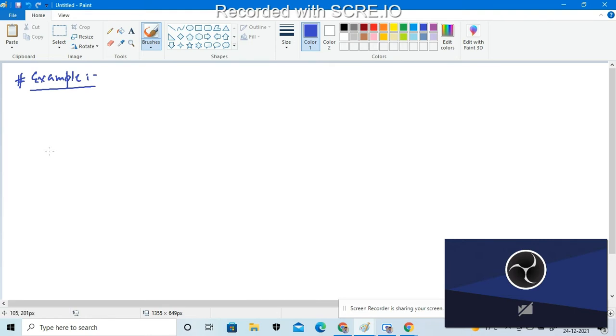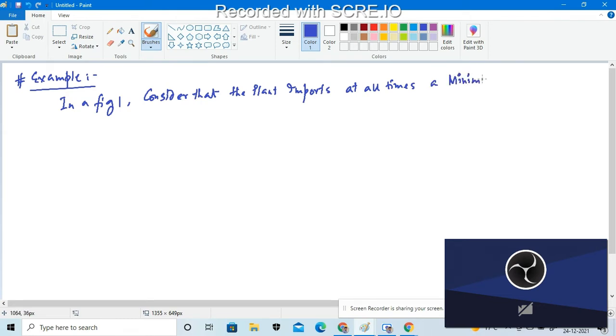Suppose, in the previous figure, that means in figure 1, consider that the plant imports at all times a minimum power of 5 megawatt.